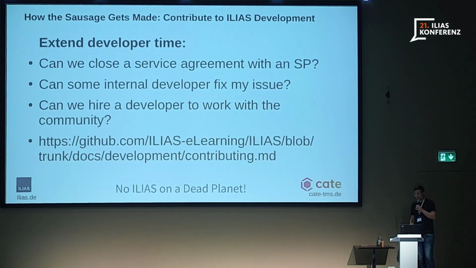Maybe you are an organization that is so huge that you might actually afford to hire your own developer that doesn't work at your organization currently. So that's what David did, I think, in some parts. Hire more developers for Elias. So it's not a given that only service providers can have Elias developers. Also universities might have Elias developers, or every other organization that is big enough.